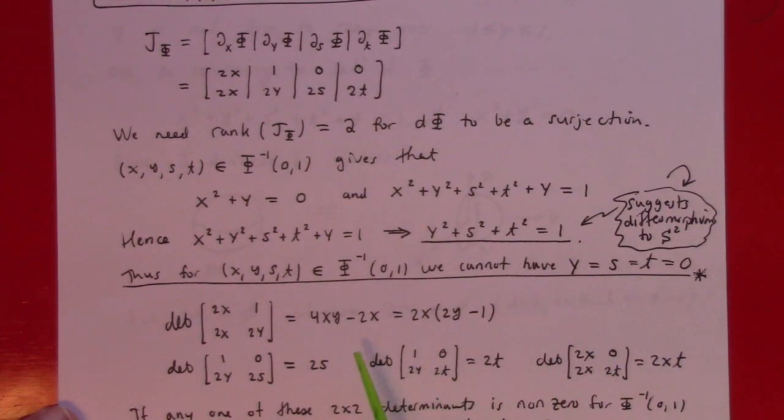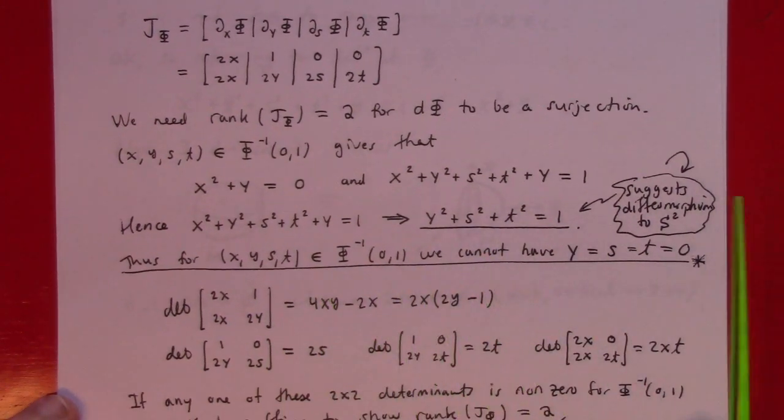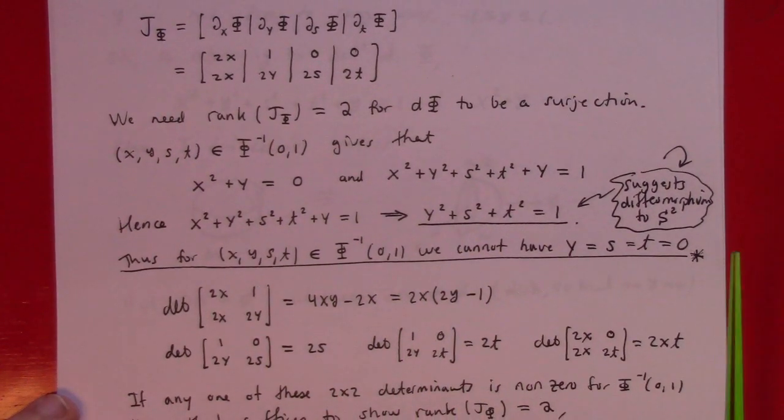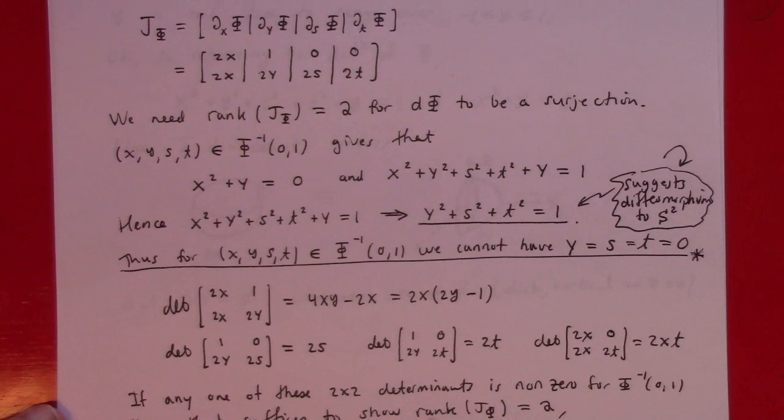And if we look at the determinant of it, one way to check rank 2 is to check the determinants of all the 2 by 2 submatrices, which give me this, that, and that. And if it's the case that x, y, s, and t are not all simultaneously 0, then clearly this is non-zero and that is non-zero.